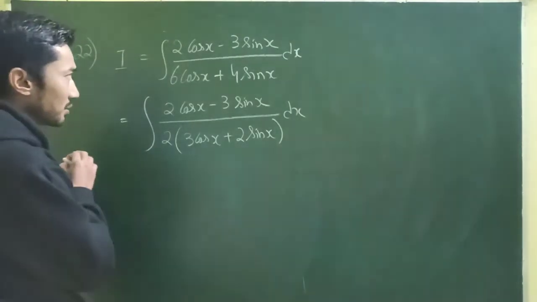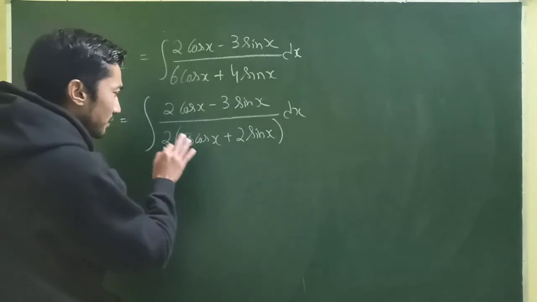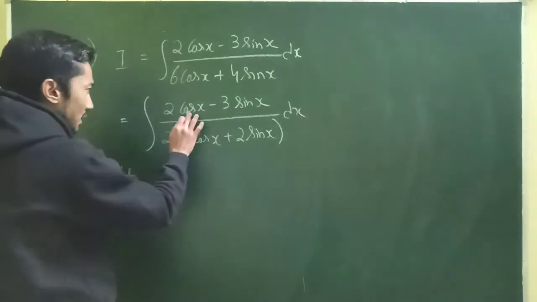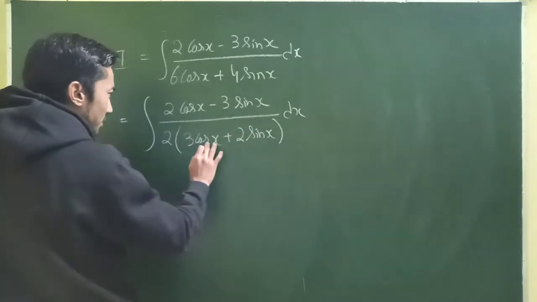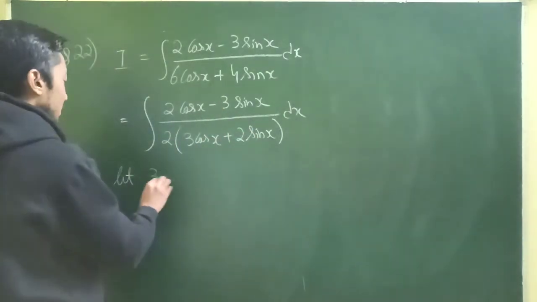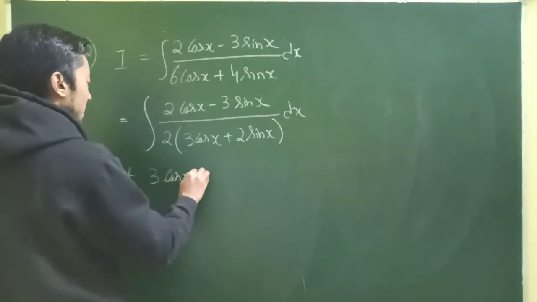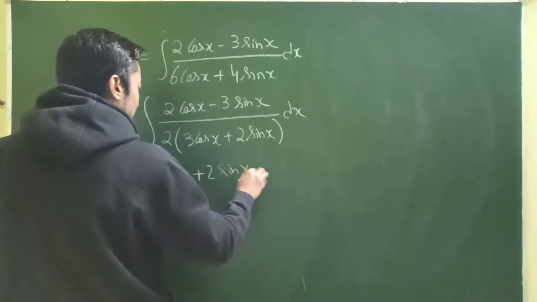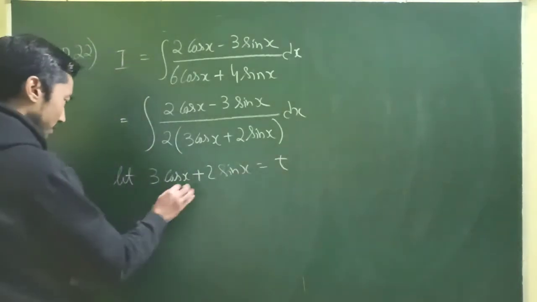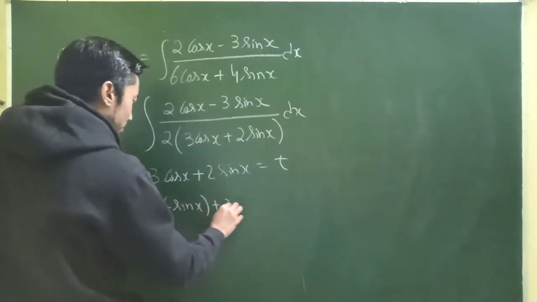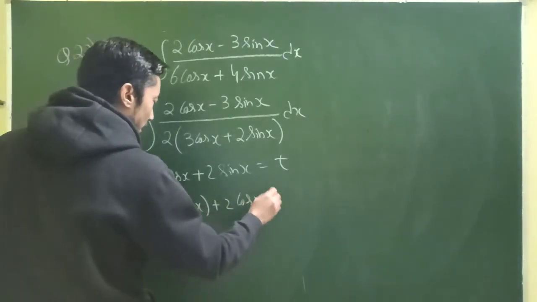Now with this, it's very clear that if I differentiate, because I know what I have here, the differentiation of cos x is minus sin x, and you can see some relation there. So if I substitute 3 cos x plus 2 sin x as t, then the differentiation of 3 cos x is minus 3 sin x plus 2 cos x, the differentiation of sin x being cos x.